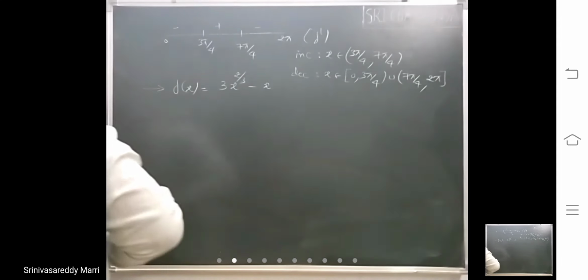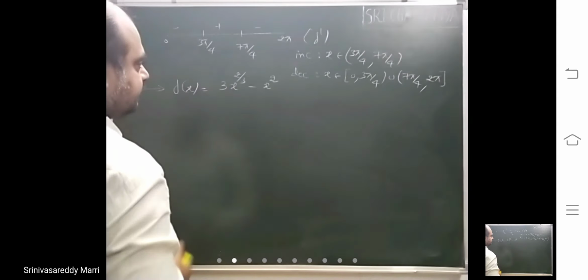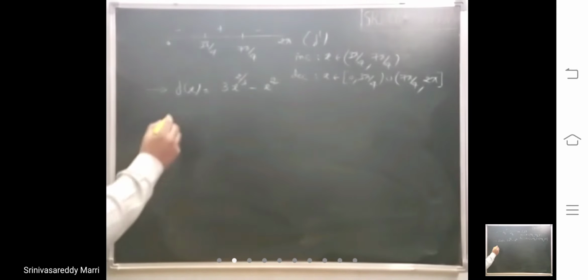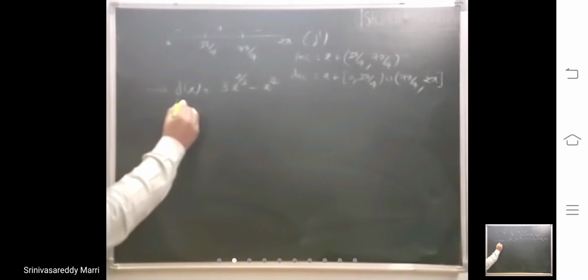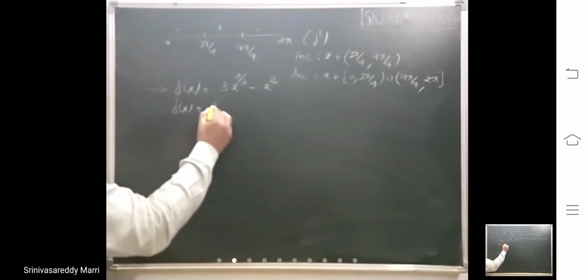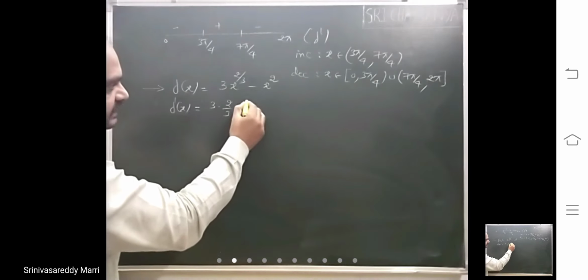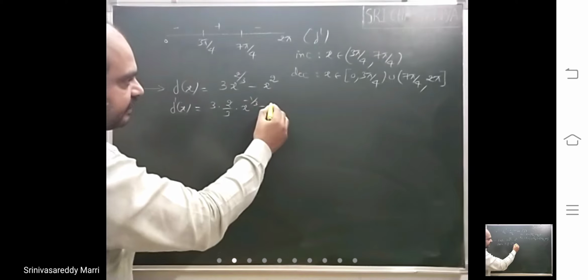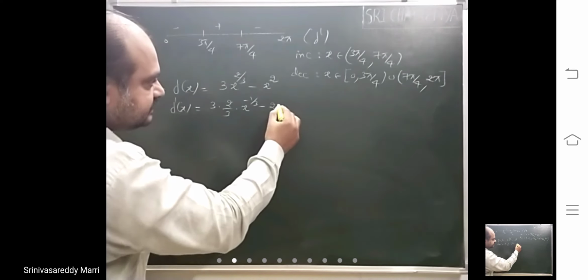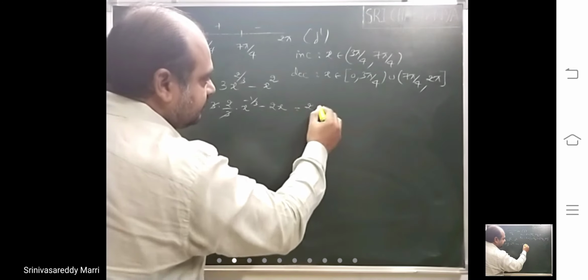So f dash x is the derivative: 3 into 2 by 3 into x to the power minus 1 by 3, minus 2x. 3 cancels, 2 you take common.